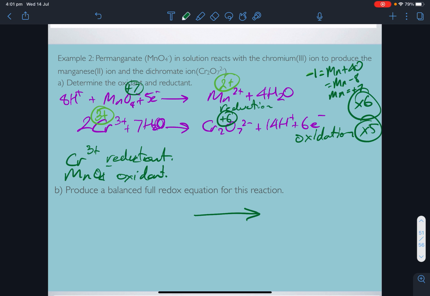So 6 eights are 48, aren't they? 48H plus, 6 MnO4 minus plus 30 electrons, and 5, so that's 10 chromium 3 pluses and 35 waters.